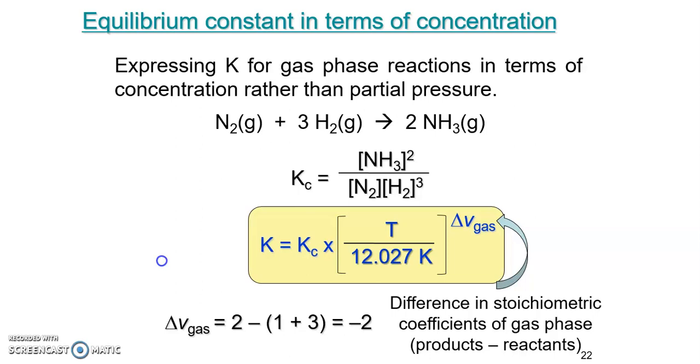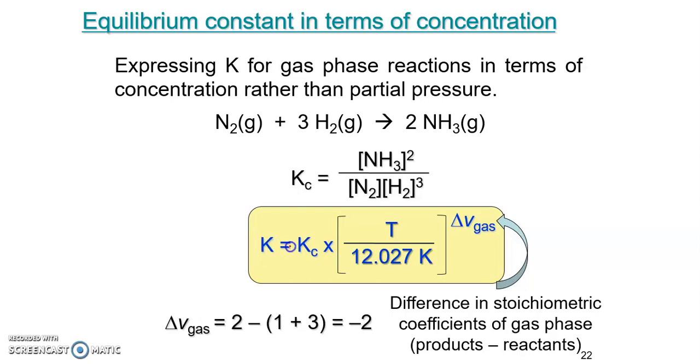We need to change our equation a little bit. Before, we had K equal to the partial pressure of the product over the reactant. So now we need to modify it slightly.